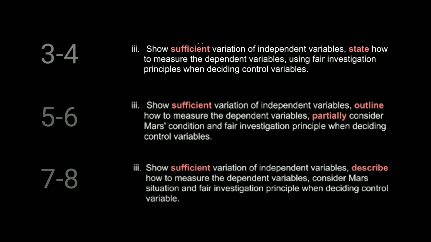The last part of the B3 clarification is about the controlled variable. Here you can see a clearer difference among all three levels of achievement. The 5 to 6 and 7 to 8 levels of achievement require you to consider Mars conditions in order to choose your controlled variables.